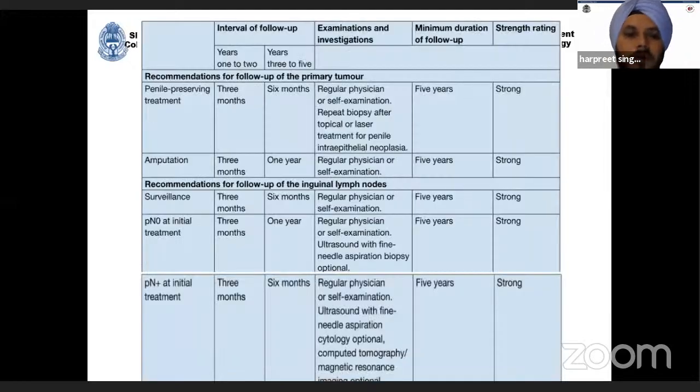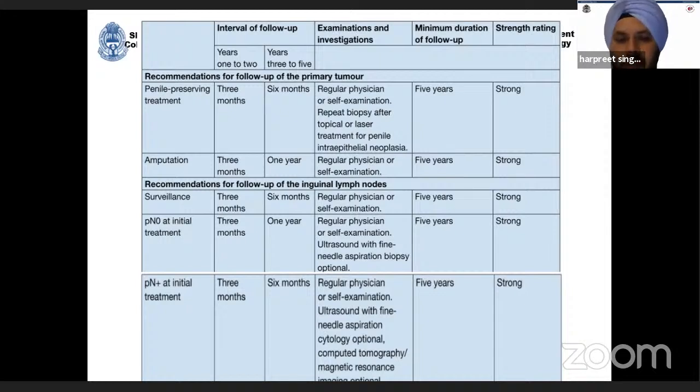Then the recommendations for the inguinal lymph nodes. Surveillance patients should be followed at 3 months or at 6 months with physical examination. In patients whose lymph nodes are negative at the initial treatment, follow-up for the first 1 to 2 years should be 3 monthly or at 1 year with physical examination.